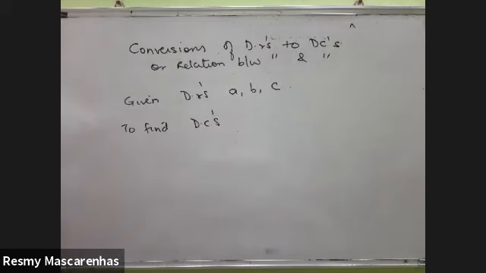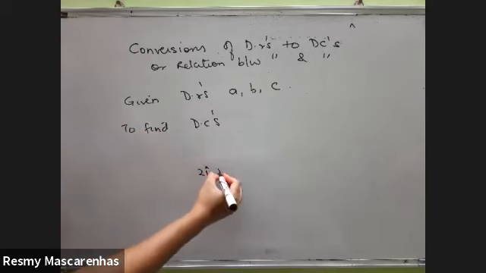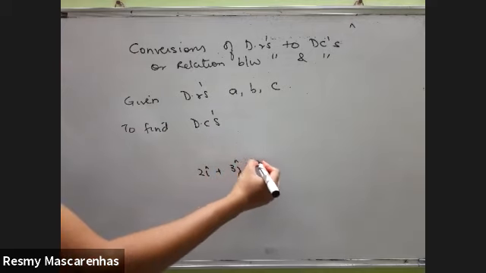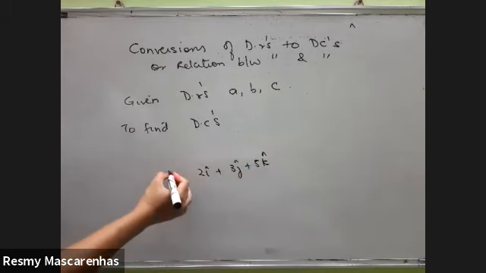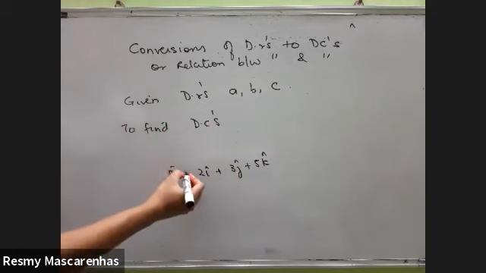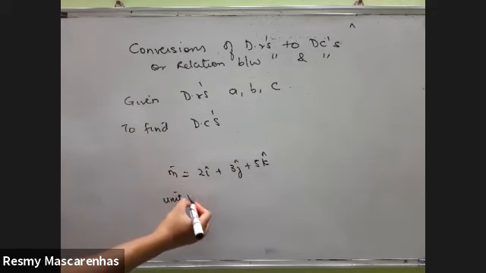What you have to do is just convert it into a unit vector. In vectors, we have studied that any given vector can be converted into a unit vector. Suppose I have 2i cap plus 3j cap plus 5k cap as a vector given to me. I want to find its unit vector.